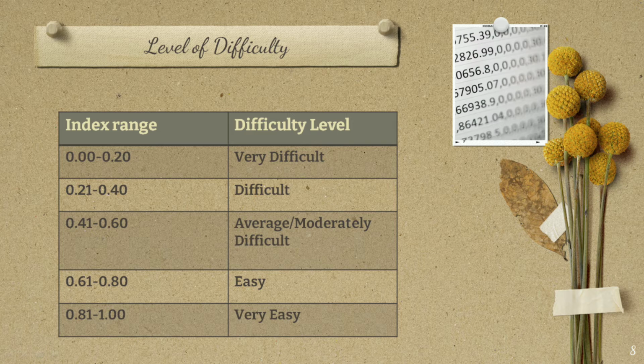In index range 0.41 until 0.60, it's average or moderately difficult. Next, index range 0.61 until 0.80, it's an easy level. And the last one, 0.81 until 1.0, it's a very easy level.